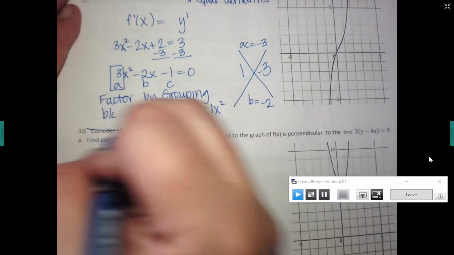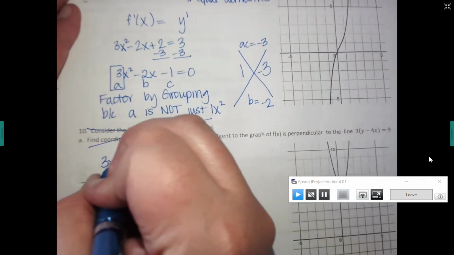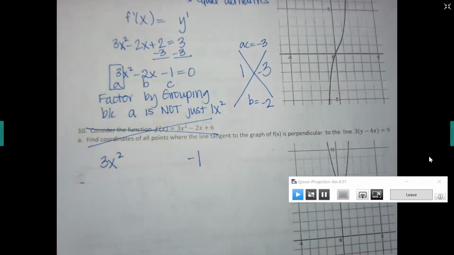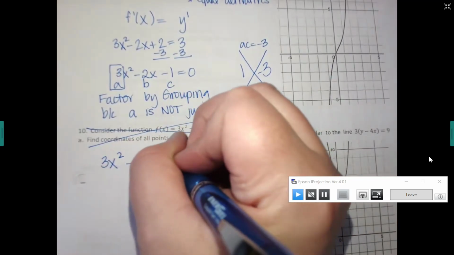Let me remind you how to do it. Okay, you're going to keep your 3x squared the same. You're going to keep your minus 1 the same. So the first and the last terms are going to stay the same. But my 3x and my 1x are going to both go in the middle. Now, you can put them in either order. So I'm going to put the -3 first and the +1 second.